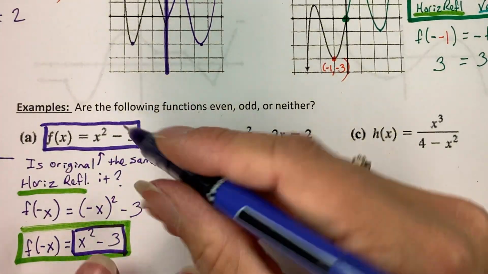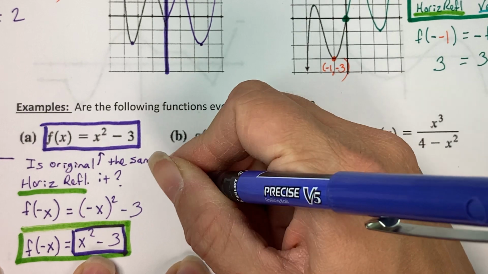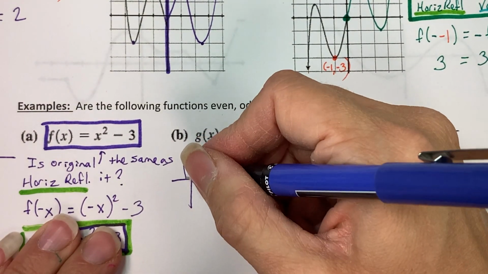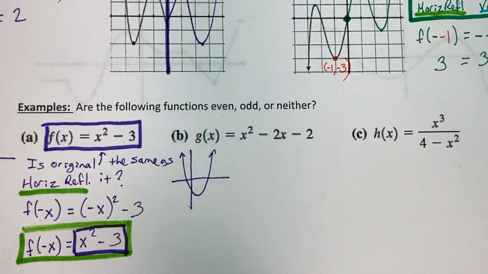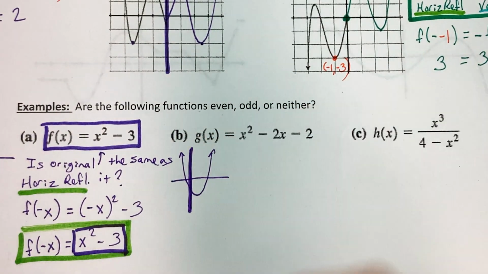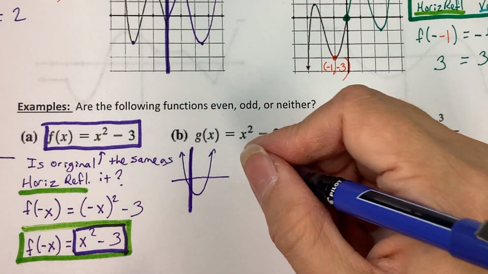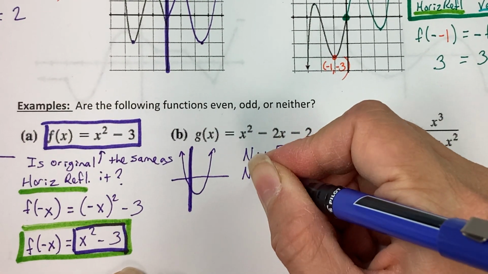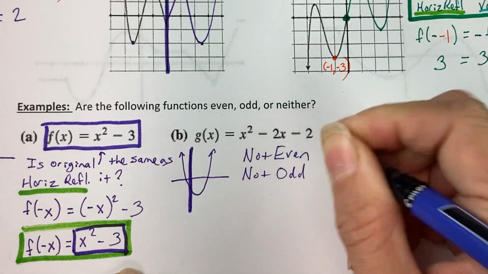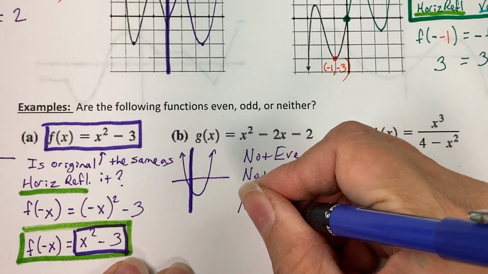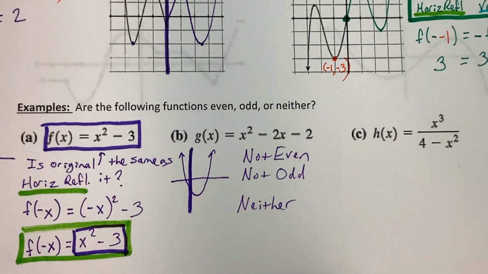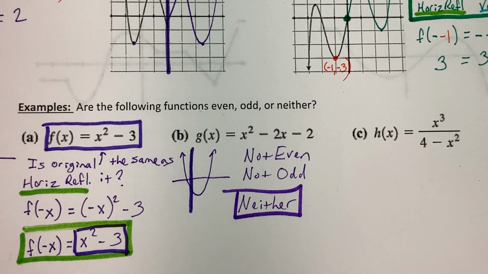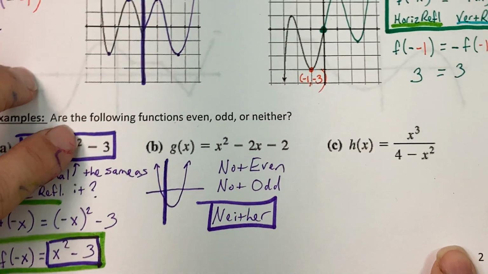So I can tell visually that this one is not even and not odd. So we say that it has neither of those symmetries. Neither. So let's go ahead and move to our last problem.